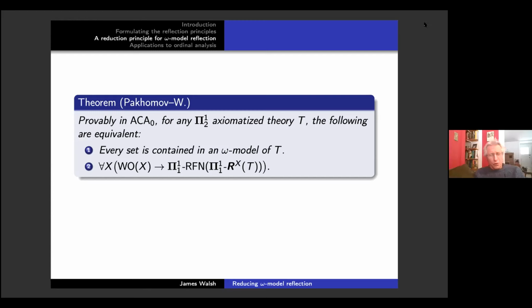No, but you need to formalize what an omega model is to state this. All the omega models we're talking about are countable coded omega models. So it's a set that's just encoding countably many sets. Oh, you code the model as a single set. Yeah, exactly. Okay, thank you.